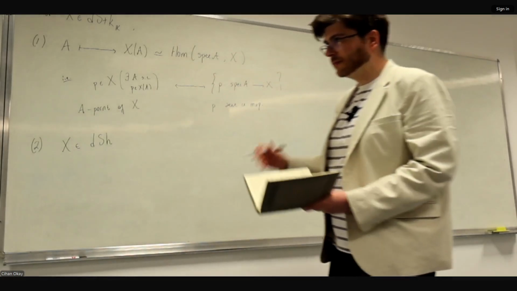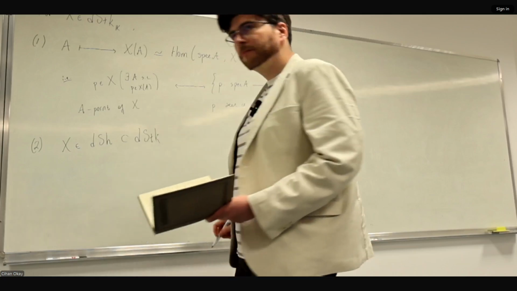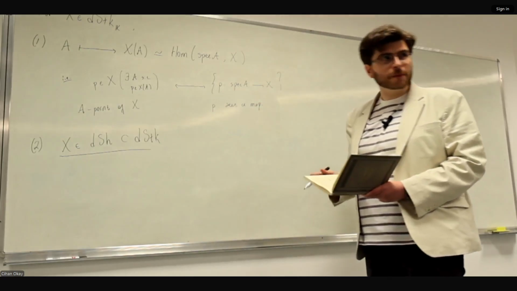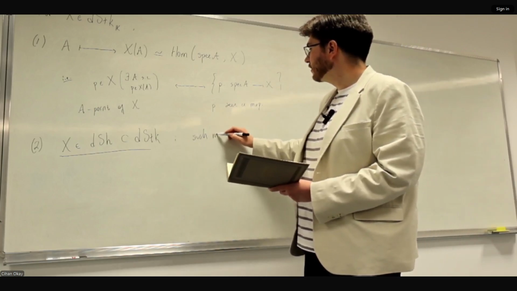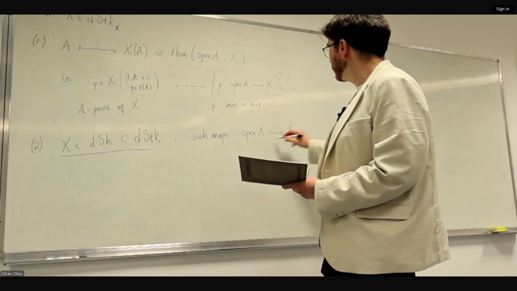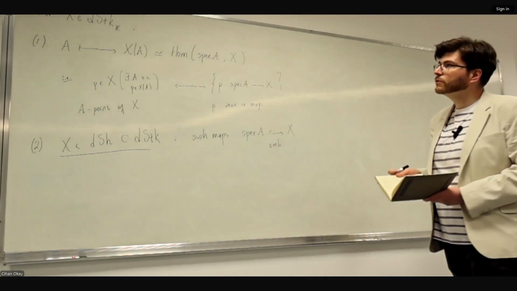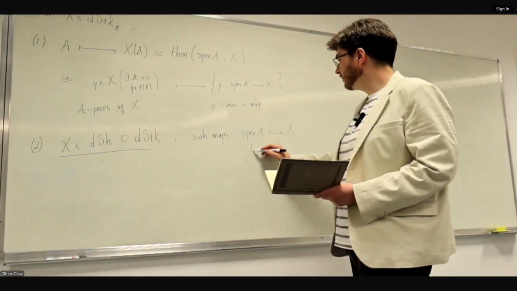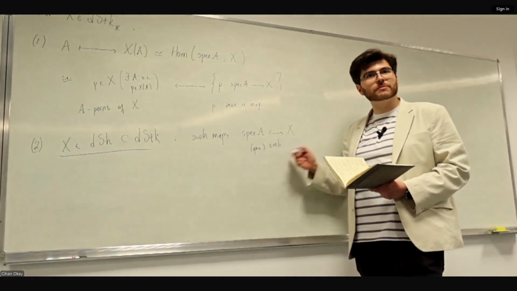I'm just saying category, but I mean the infinity category of derived stacks. When this happens, it means that such maps are embeddings. And actually, if you are lucky, if you are working with nice CDGAs, it turns out to be an open embedding. This really behaves like a chart of a manifold.